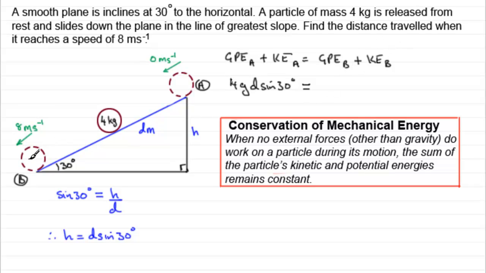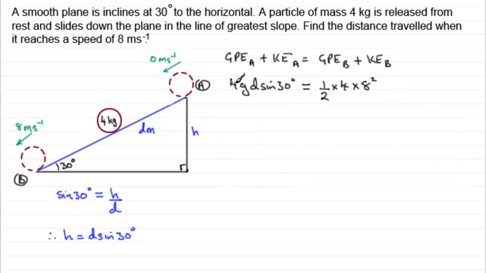But what about the kinetic energy? Because it's moving, then we've got the kinetic energy as a half times mv squared, m being 4, so times 4, times v squared. V is 8, so that's going to be 8 squared. Well, 4 times g at 9.8 times the sine of 30 comes out to be 19.6, so we've got 19.6 times d equals half of 4 times 8 squared, which is 128.